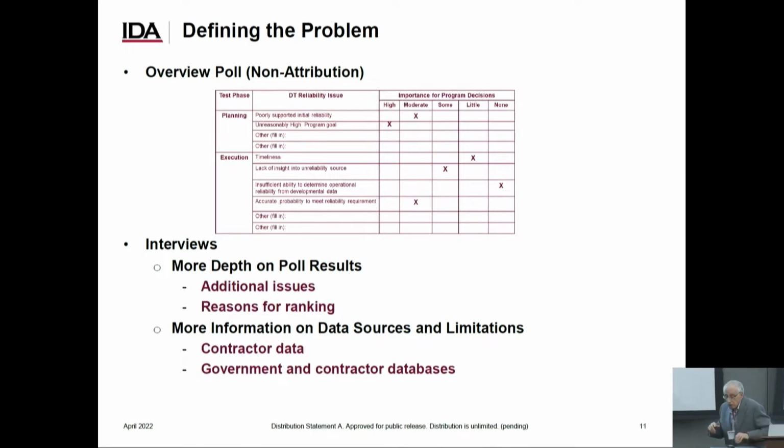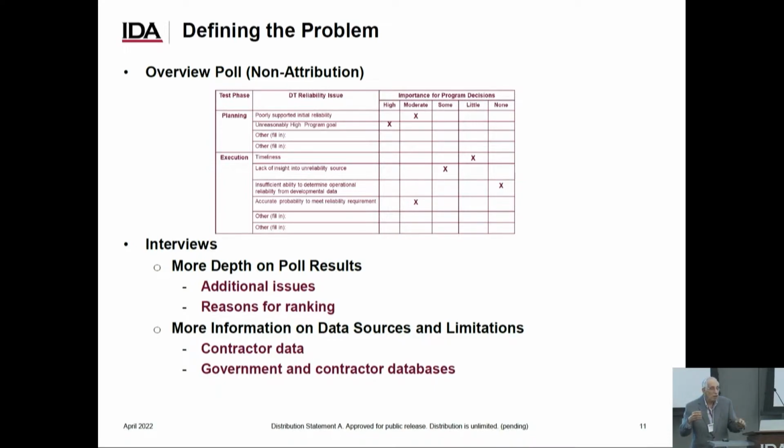So what we want to do, and we're in the process of executing this now, is to first get the low-hanging fruit with as little pain to people we want to poll. We want to find out what the community thinks the problem is. And we see the problem as, what is it about the reliability estimates that are done for you, the decision maker, or done by you for the decision maker?